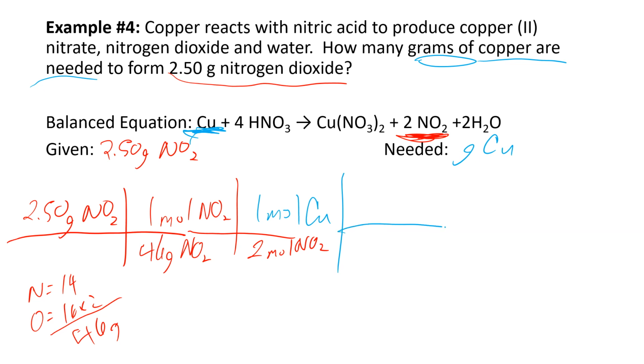We still need to go to grams, and to get to grams, we're going to need to get out of moles into grams from the periodic table. So 1 mole of copper on the periodic table weighs 63.5 grams. And so we're going to multiply 2.5 times 1 times 1 times 63.5 and divide it by 46 times 2, and you get 1.73 grams of copper.